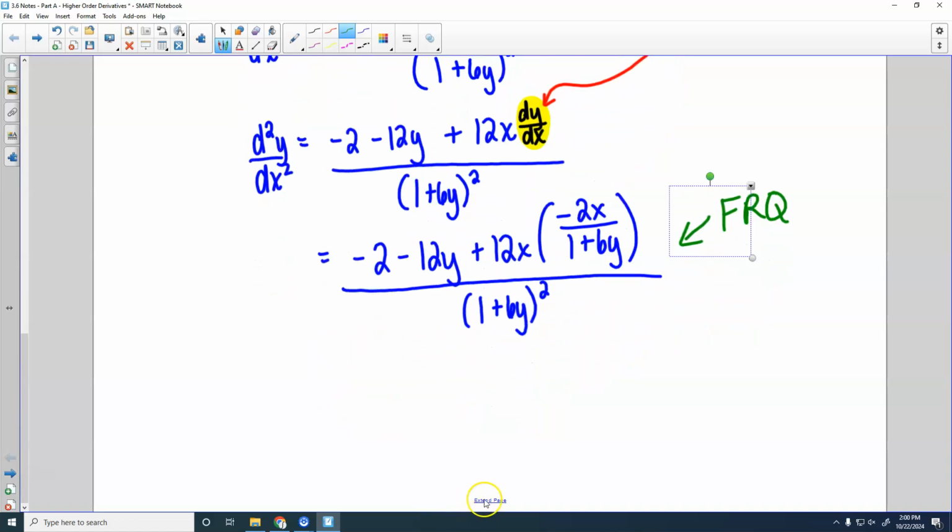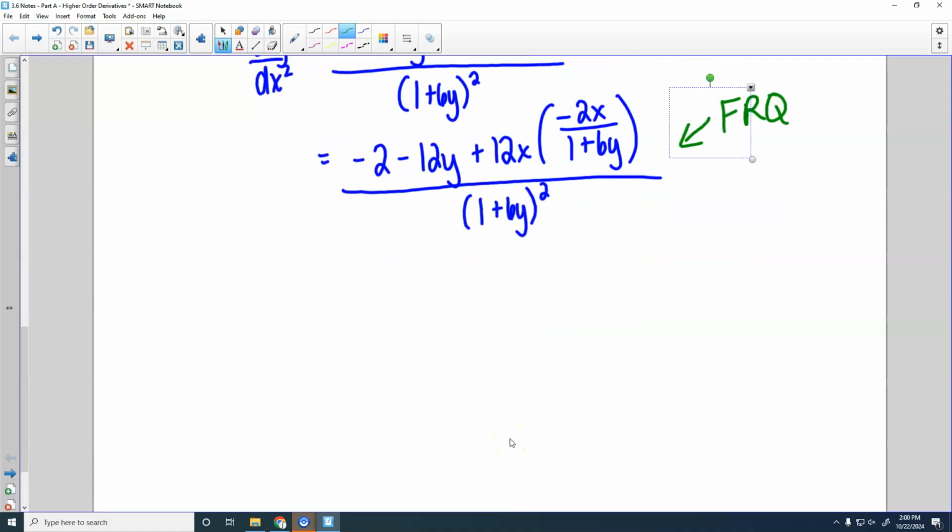So the first thing I would probably do is combine this together. So this is over 1. If we wanted to write it this way, we'd have negative 2 minus 12y, and then we would get minus 24x squared over 1 plus 6y.